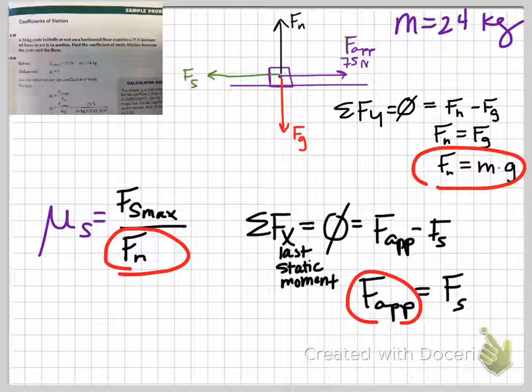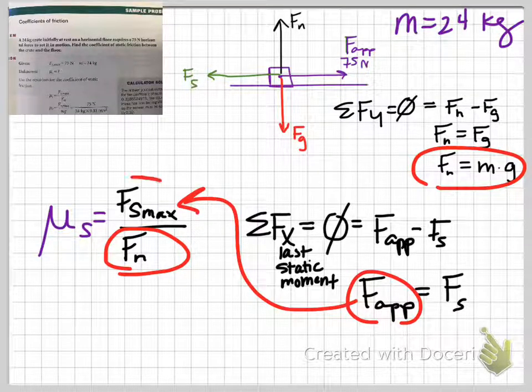So now we have the second piece that we can sub in. You're pretty much never going to have one of these problems without a sum of forces on each axis and a side equation for coefficient of friction.